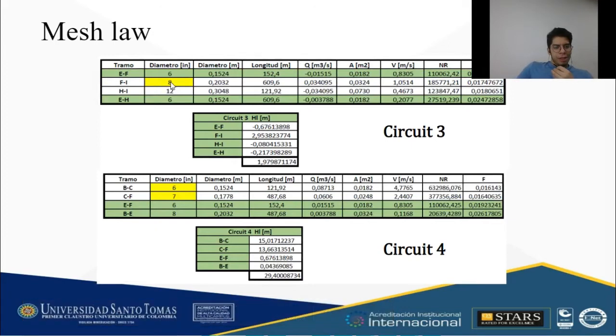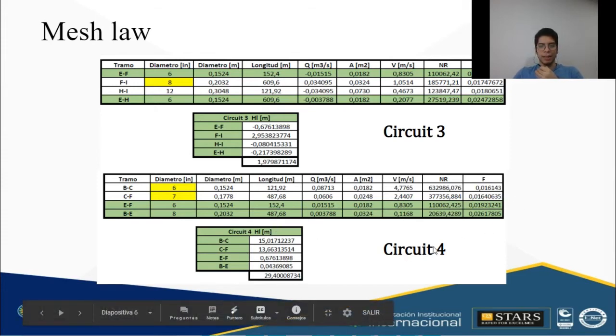In each yellow section there is an assumed diameter, and we did the same process for each circuit, calculating the friction factor and the losses in all of these circuits.